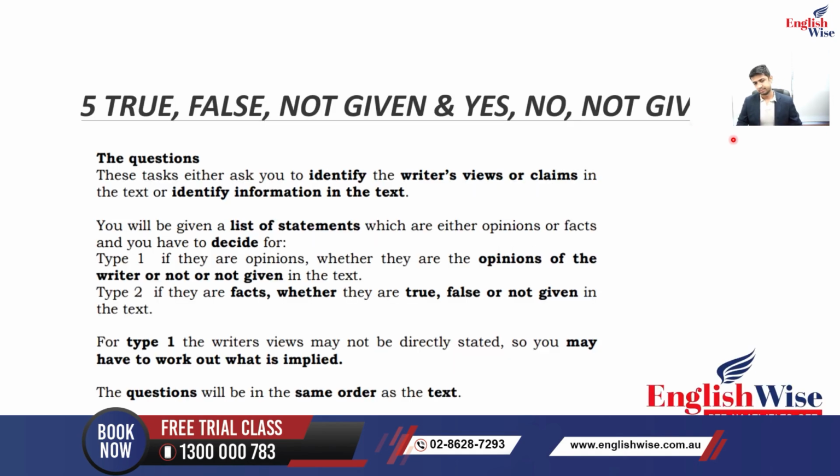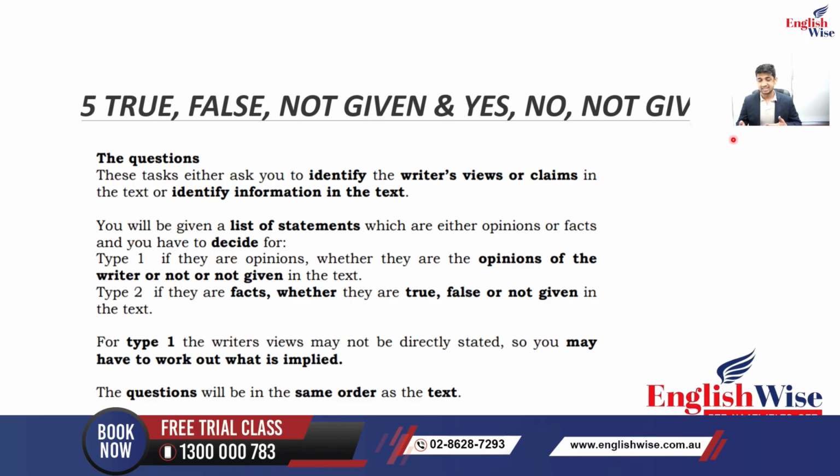The 5th question type: true, false, not given, or yes, no, and not given. For this question, you need to identify whether the given statements agree with the writer's claims or views or disagree with them. If the given statements match the paragraph, the statement becomes a true statement or a yes statement.